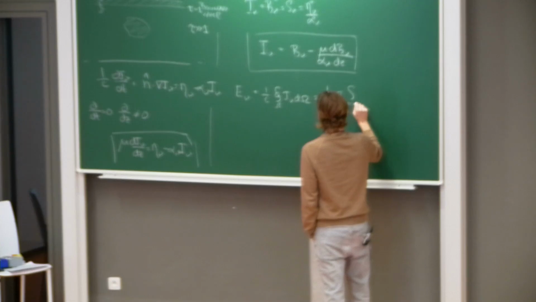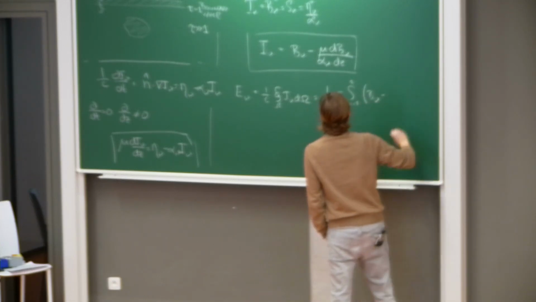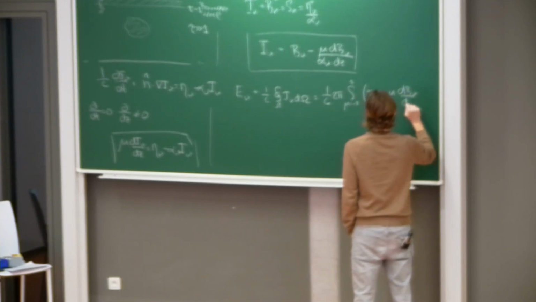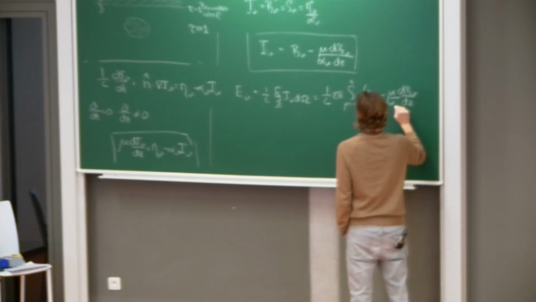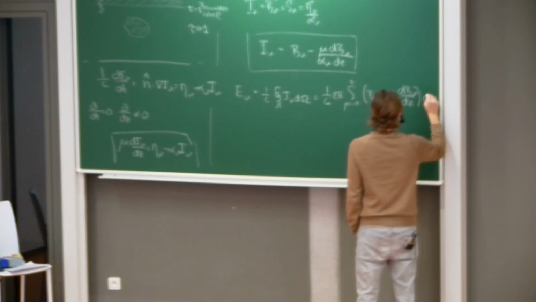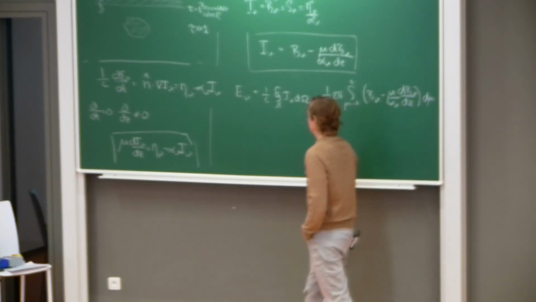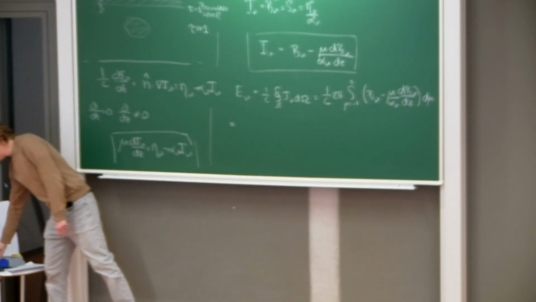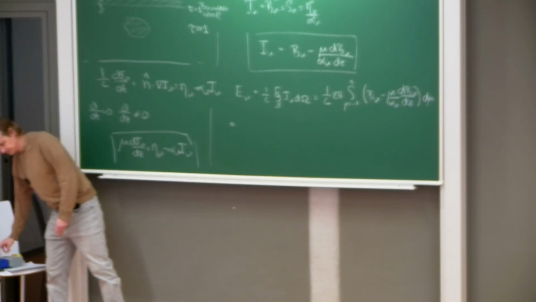Then we have mu from minus 1 to 1 of B_nu minus mu dB_nu/dz over alpha_nu, d mu.